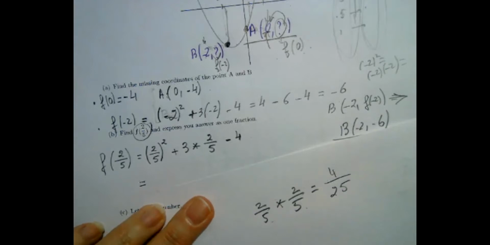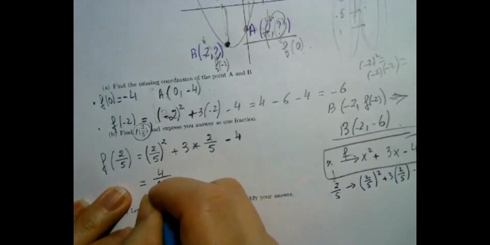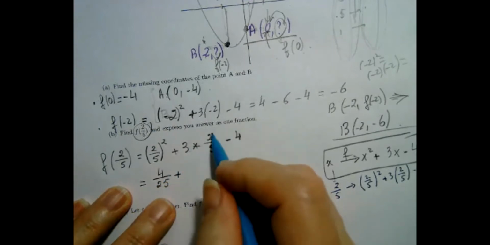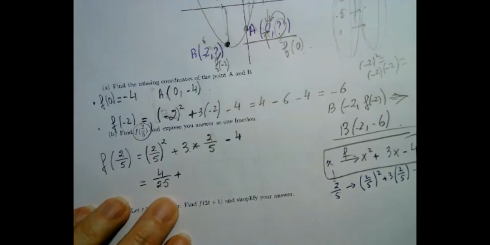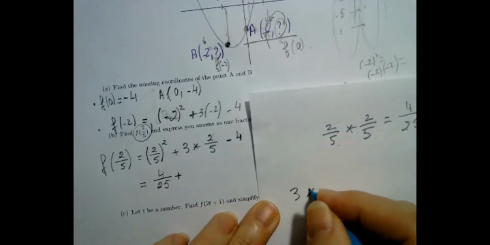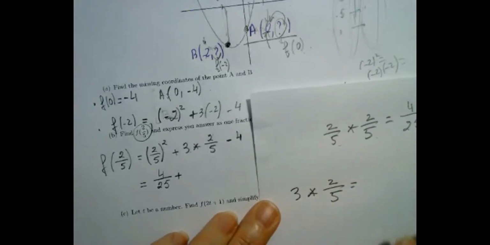Correct? So it's 4 over 25 plus 3 times 2/5. How much is that? You can put it on chat if you want. How much is 3 times 2/5?